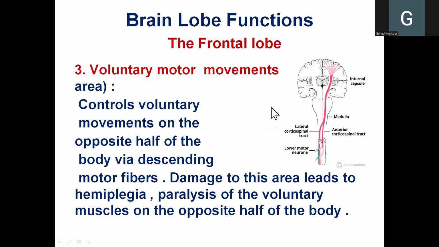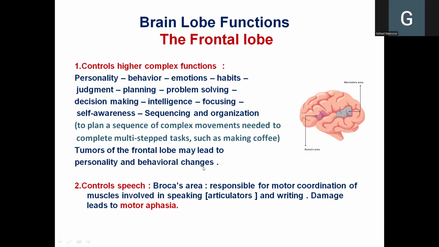The frontal lobe is also responsible for a third function, which is voluntary motor action. And here you might wonder why we are repeating. In the previous slide, we were talking about controlling the motor actions, meaning planning for them, coordinating them.